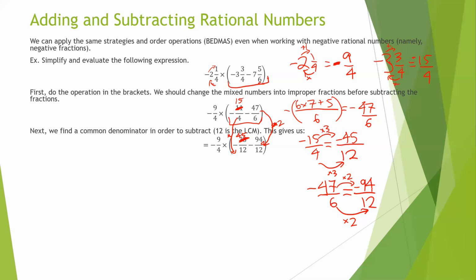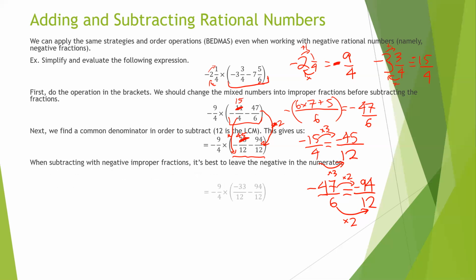Okay, so now I have negative 45 over 12 minus negative 94 over 12. Now that I have a common denominator, I can simply subtract these two fractions. As I mentioned, I put the negative sign in the numerator. So I take negative 45 and subtract 94. Sorry, guys, I'm just making all these little changes.